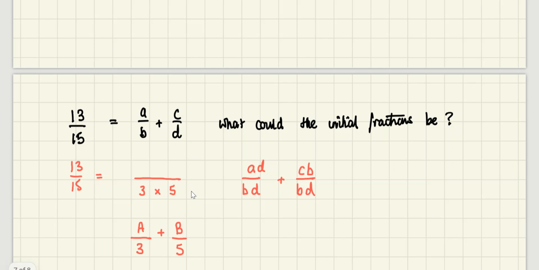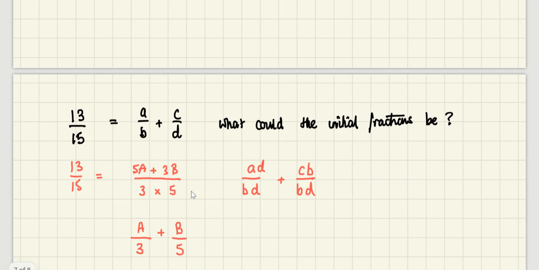All right. So how would I get that? Well, what we did to get the 3 times 5, obviously this would then get multiplied by the 5. So I would have 5a plus 3b. Following that through? Yeah.